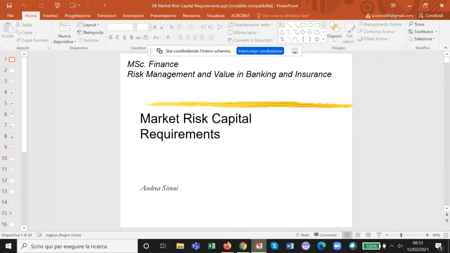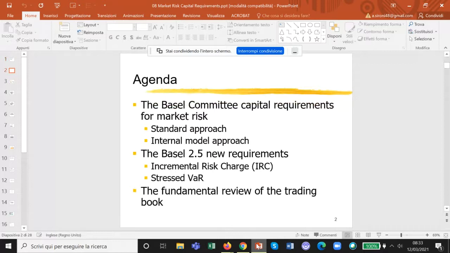What we're going to do today is take a look at how the regulators have actually dealt with market risks. And we'll see that there's been quite an evolution in terms of the system to measure market risk and capital requirements by the regulators. And it's a process which is in some way still ongoing, okay?